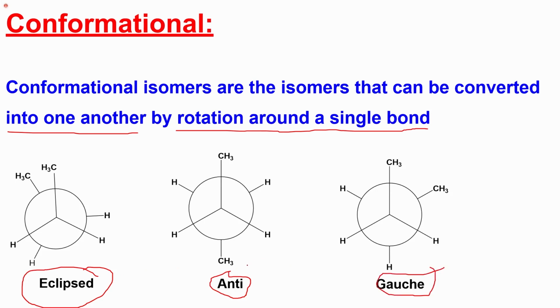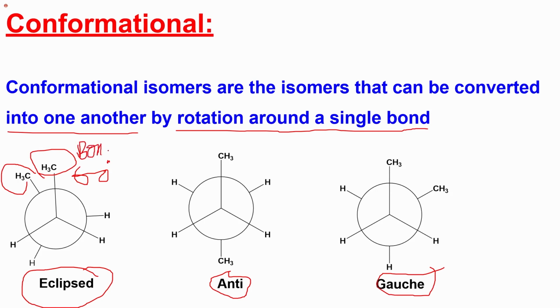Now, in the case of the eclipsed isomer, the angle between this CH3 and this CH3 is 60 degrees.